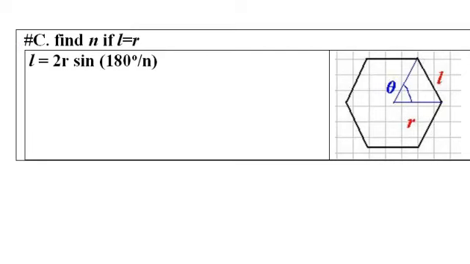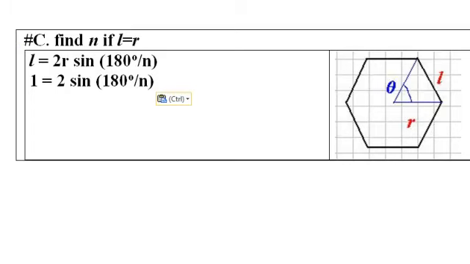But let's apply that. So L equals R. That means if we divide on both sides by R, L over R equals 1 therefore. And that's why on my second line here I have 1 equals 2 sine 180 degrees over n.